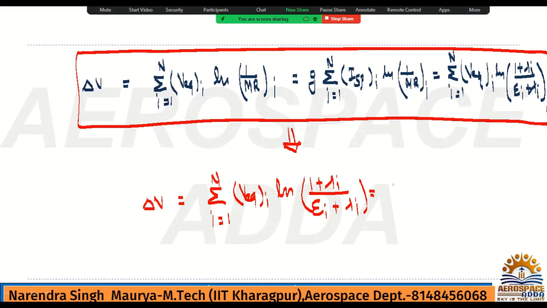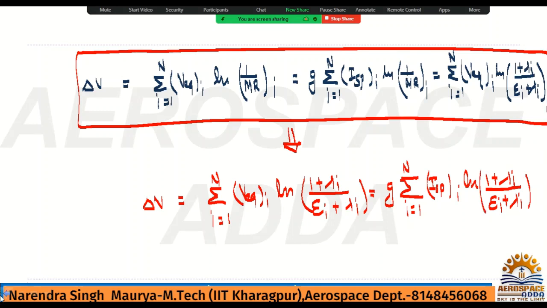Or summation i equal to 1 to n, ISP i, ln 1 plus lambda i divided by epsilon i plus lambda i. Just remember this formula, it's very important. This is very important for the serial multi-staging rocket system.